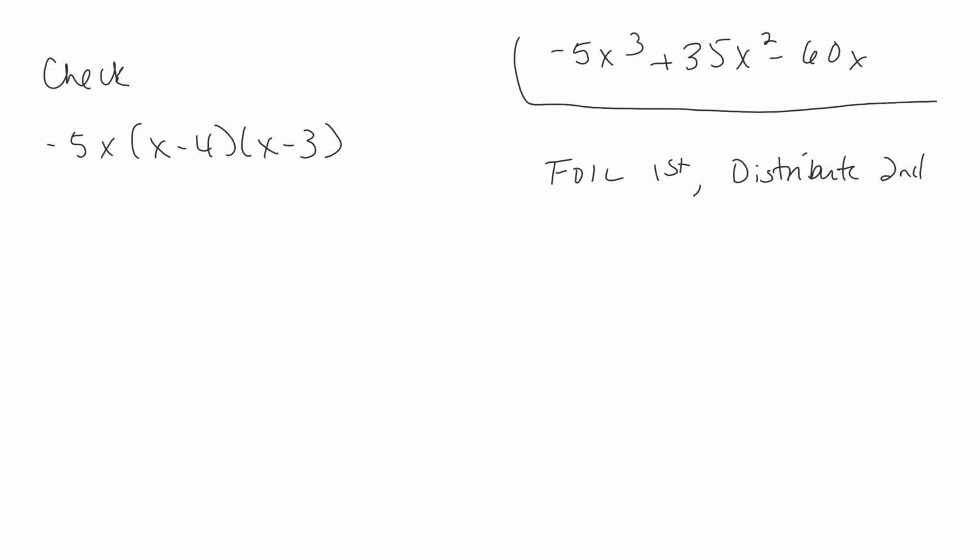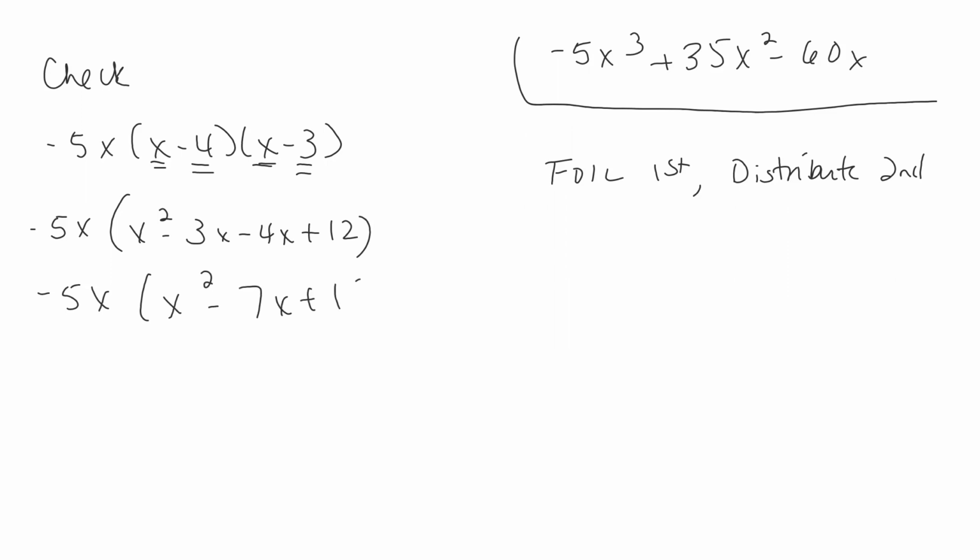So I'm going to keep my negative 5x. And then in parentheses, I'm going to take x times x, x times negative 3, negative 4 times x, and negative 4 times negative 3. I'm going to simplify a little bit. So I get negative 5x times x squared minus 7x plus 12.